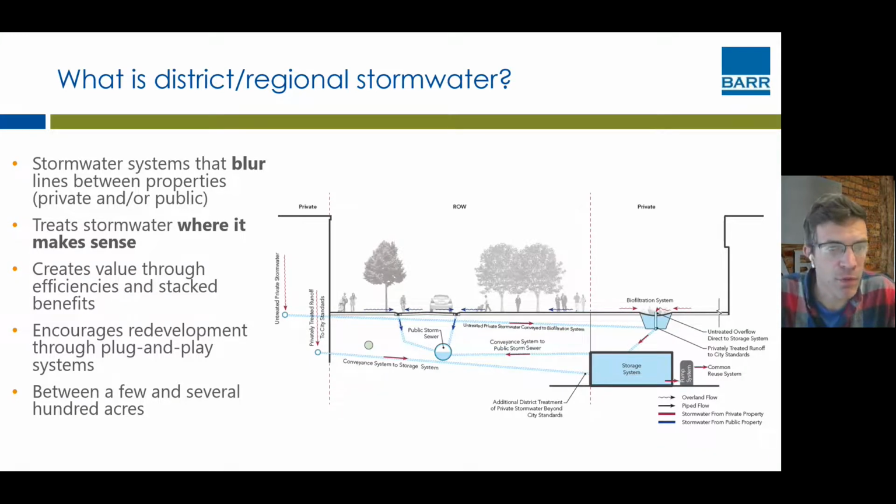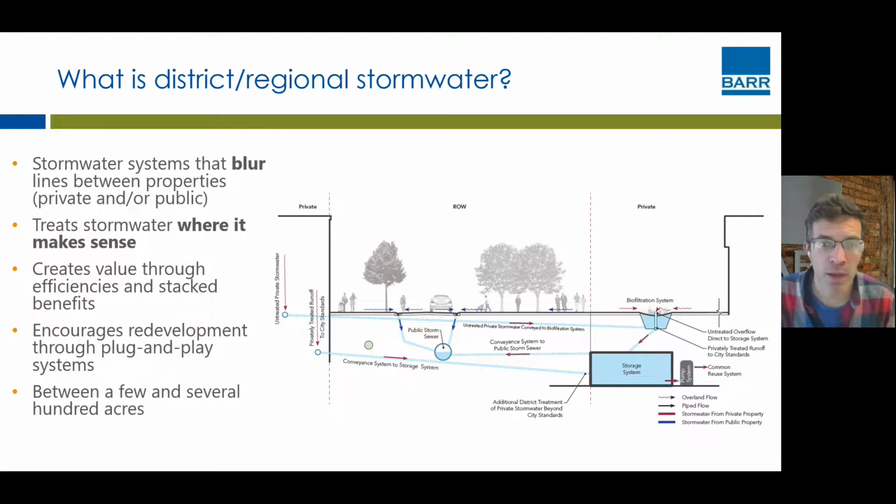So what is district or regional stormwater management? Essentially, it's the management of stormwater through systems that collect, convey, and clean stormwater runoff in a way that blurs the lines between individual properties and between private and public realm.